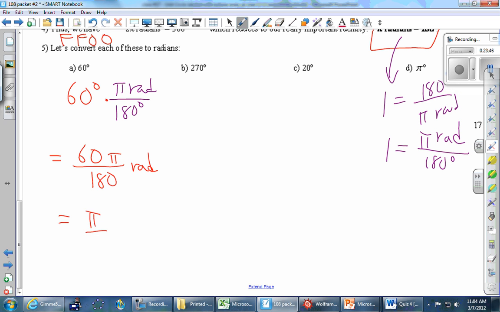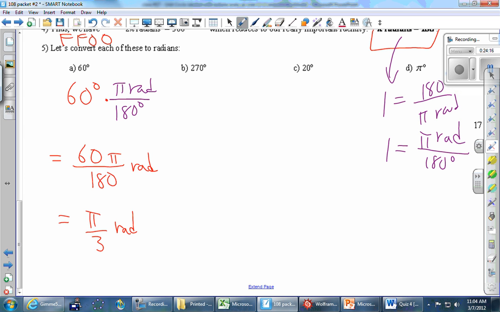Yeah, so this is a 1/3 pi or a pi over 3. Questions on that one? You actually don't have to write down rad. If you write nothing, it's assumed you are talking about radians. So I'm going to write it a bunch today and then hardly ever again.